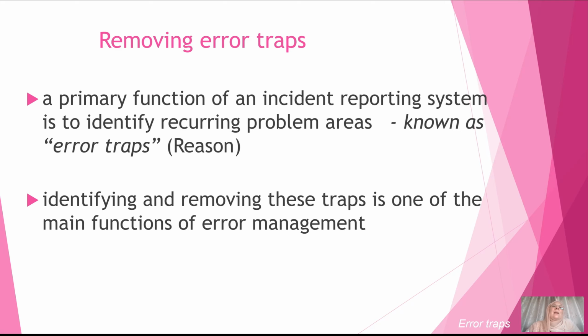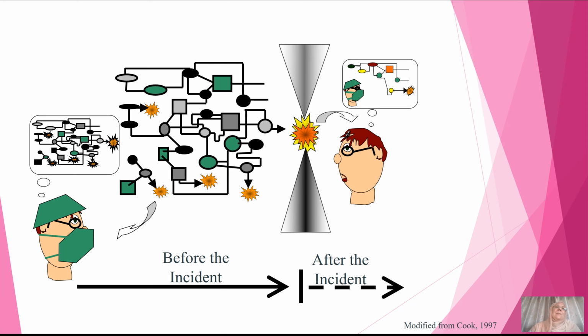Okay, so an incident reporting system has the function of identifying recurring problems known as error traps. Okay, by identifying such recurring problems, such error traps can be removed, and this is one of the main functions of error management.